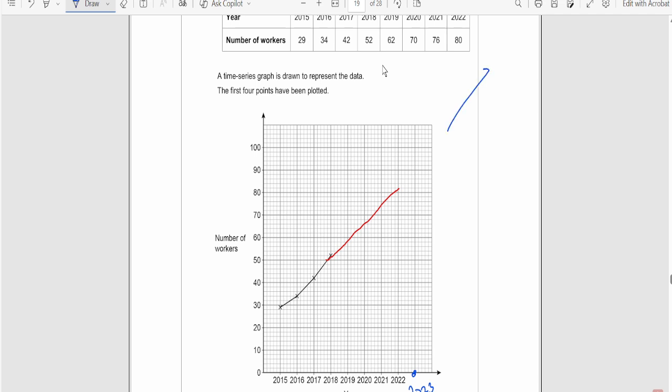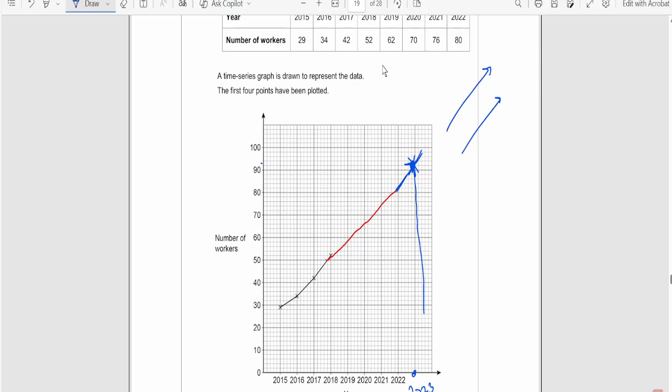According to this trend, the graph is increasing, so if you extend it the same way and check from 2023, this point is going to be your answer. If you check, this is around 90.